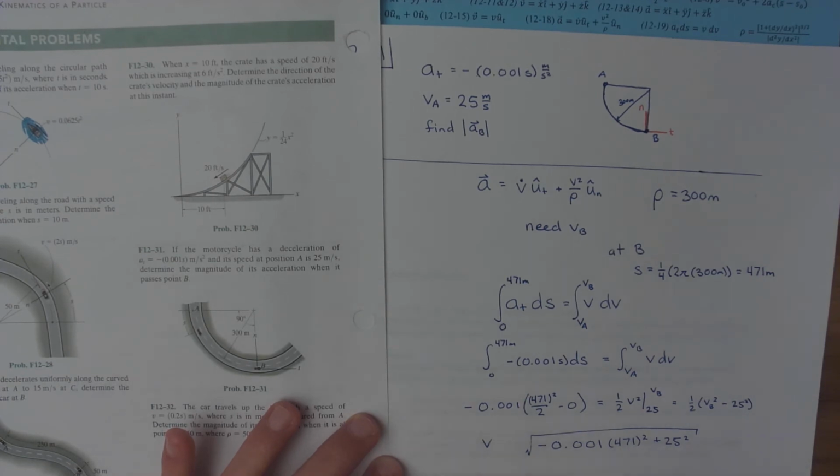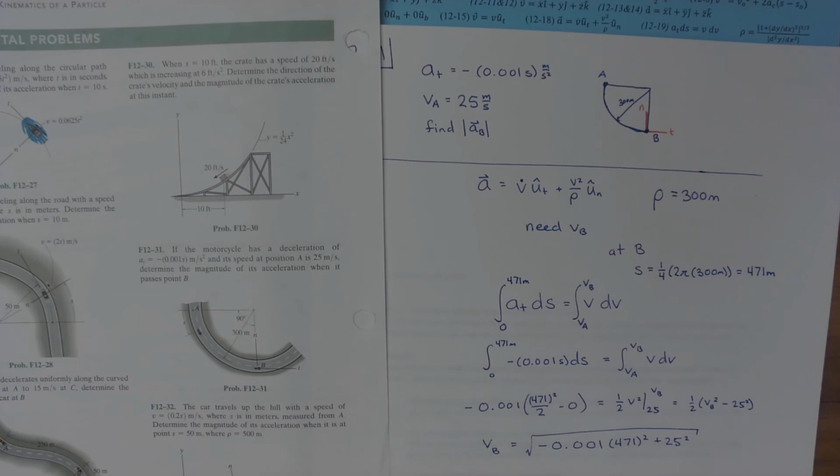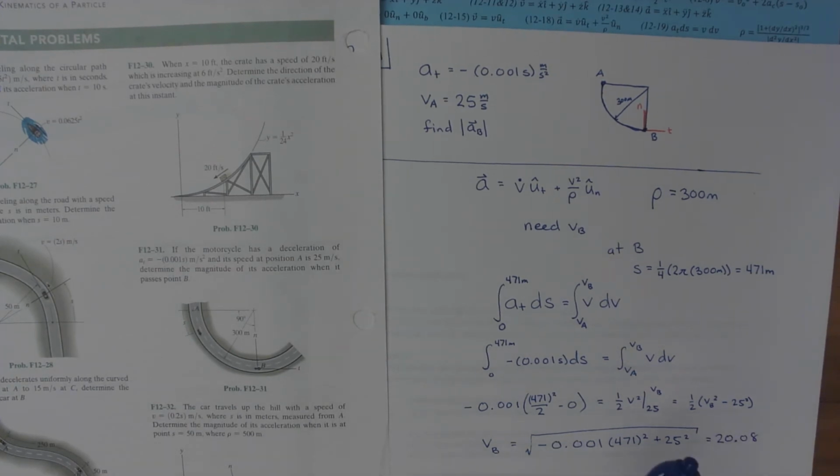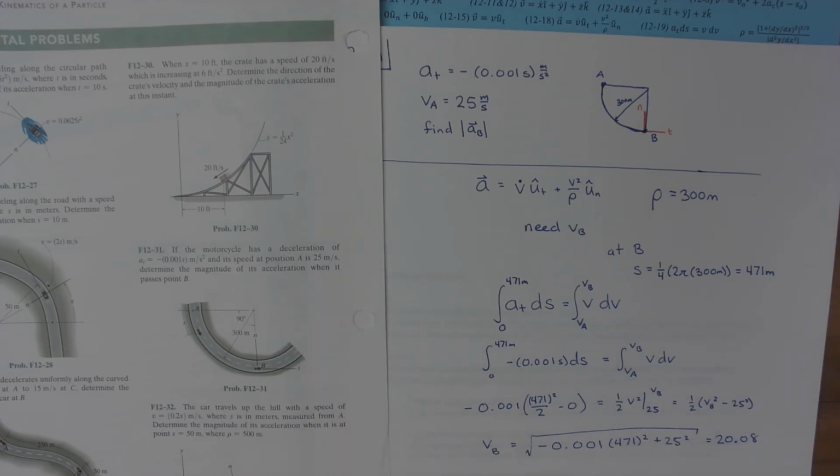Otherwise, we're going to be getting something imaginary, but I think it should all work out. You can go ahead and plug that into your calculator, and you should get 20.08. The velocity was given to us in meters per second, so this would be meters per second. That wasn't what we were looking for, though.